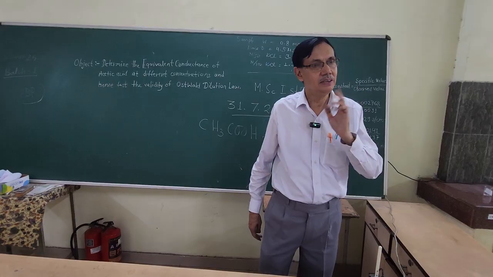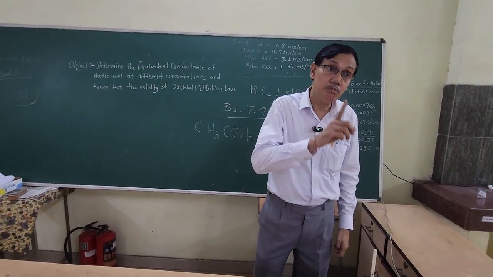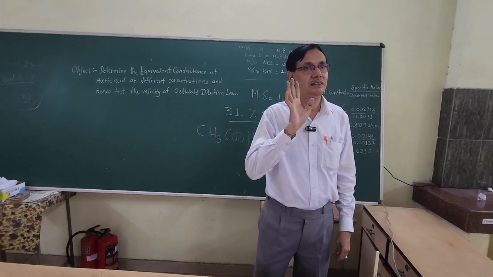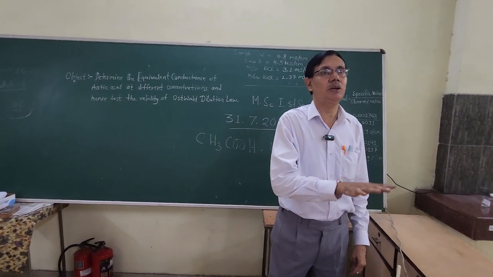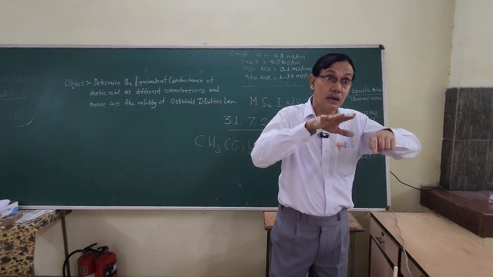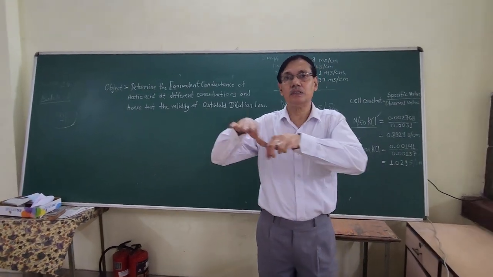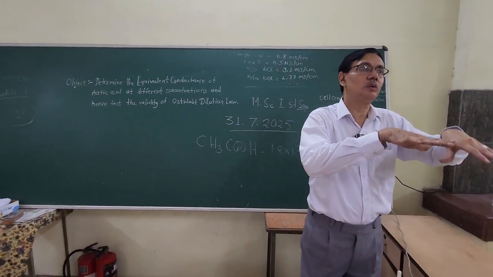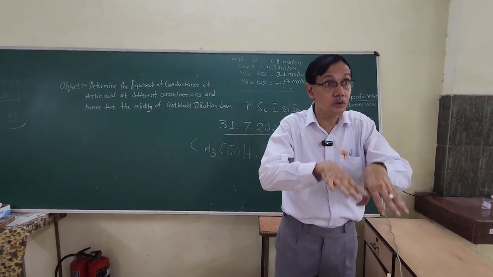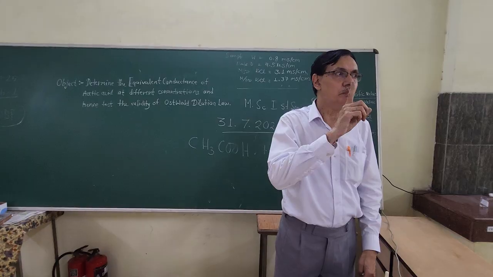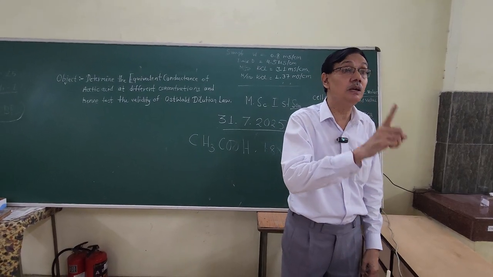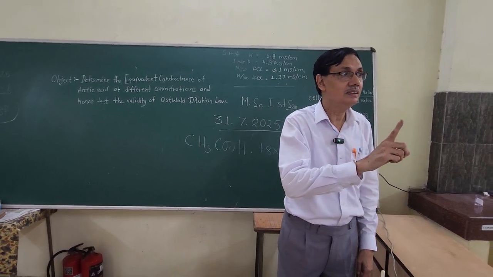Now what is the most important precaution? When you perform a conductivity experiment, we are dealing with the conductance of ions: the potassium ion, the chloride ion, the hydrogen ion. So our water must be triple distilled water. Why?